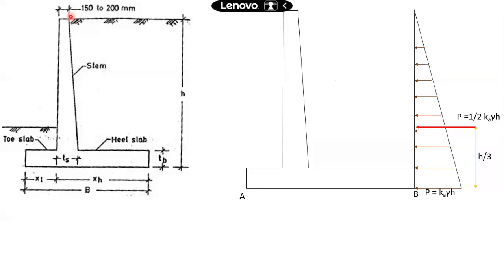Instead of providing a huge thickness throughout the entire height of the retaining wall, I can go for a reduced thickness at the top where I come across zero or negligibly small bending moment. So that is the main reason.